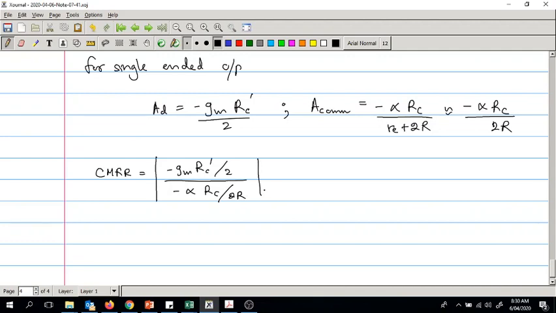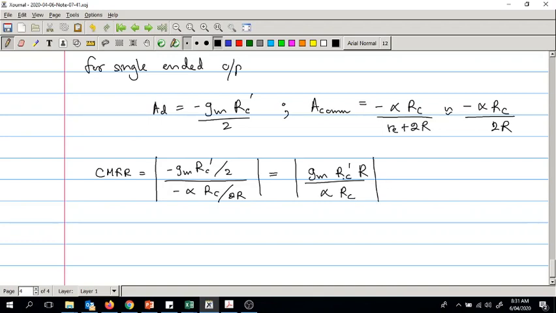So we get the equation mod of GM RC dash, 2 cancels out, over alpha, R over alpha RC.